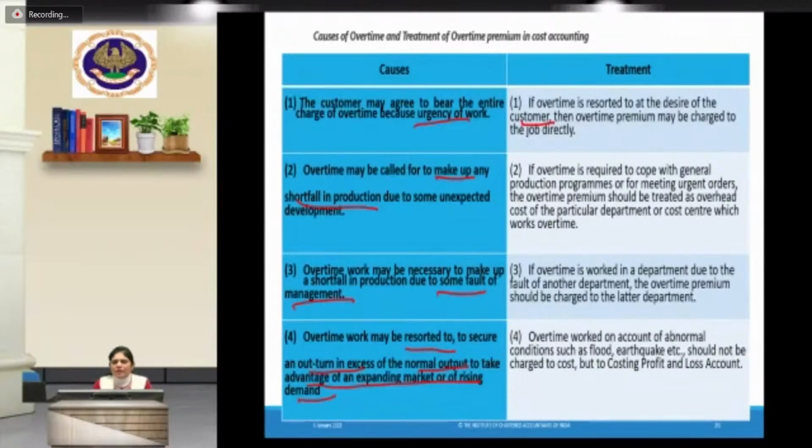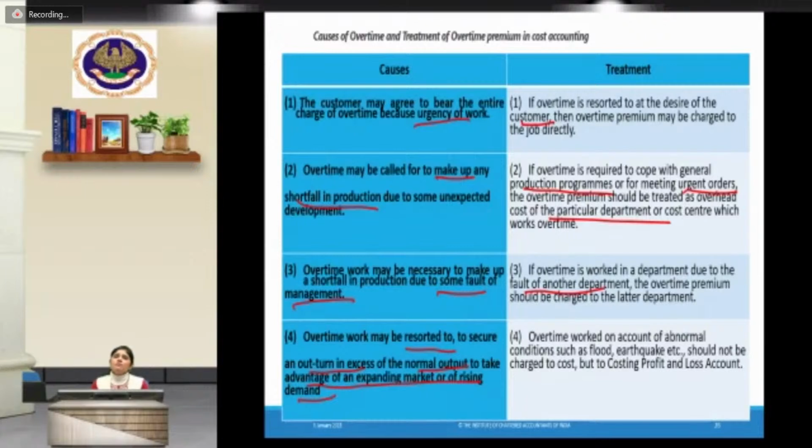Clear? If overtime is required to cope with the general production program of a department, such as meeting urgent orders, it will be charged to that particular department that works overtime. So if it is the policy of the department that we have to work overtime because there are urgent orders or for any reason, it will be charged to the department. If overtime is worked in a department due to the fault of another department, clear? Let us say the raw material could not be transferred on time, so production could not start on time.